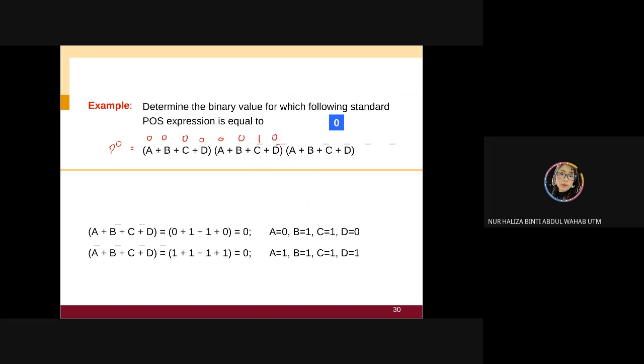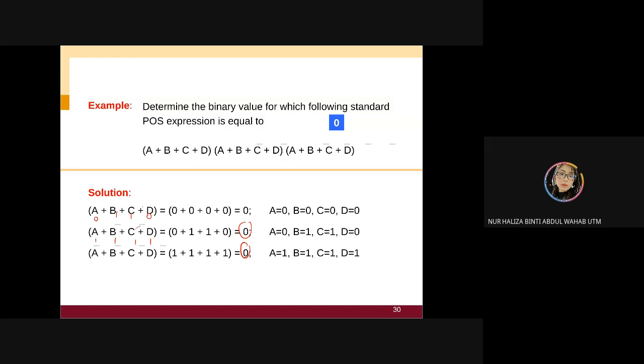All the bars are already in the right place. So at the condition of 0, 1, 1, 0, you will get 0. 1, 1, 1, 1, you will get 0.